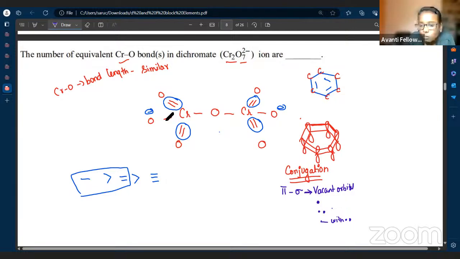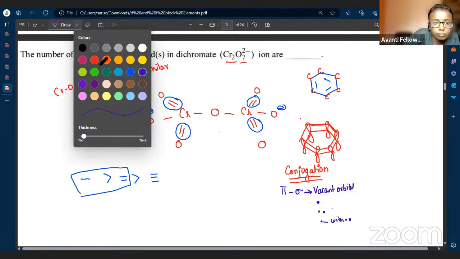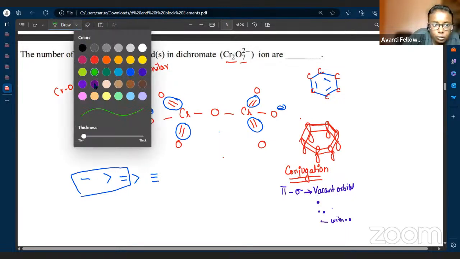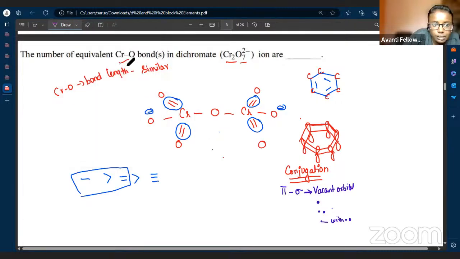Now when I look over here, I have a pi bond. The question is the number of equivalent Cr-O single bonds in dichromate. You may think you have four double bonds and four single bonds, and you'll write the answer as four.